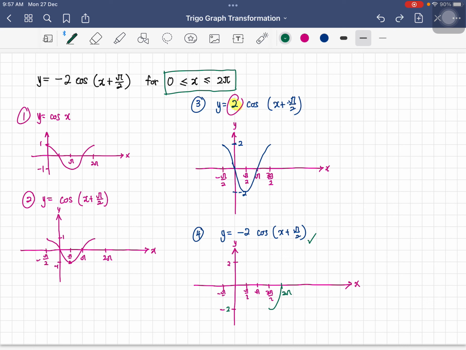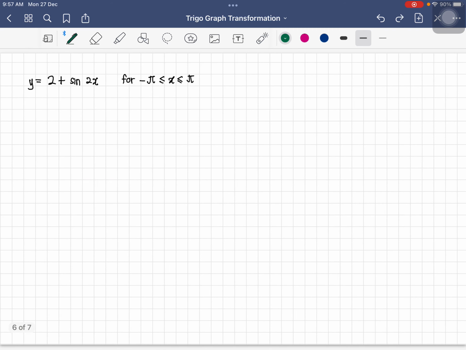I should not start there. Negative cos of x plus pi over 2 is actually similar to the sine of x. Initially it will be something like this.